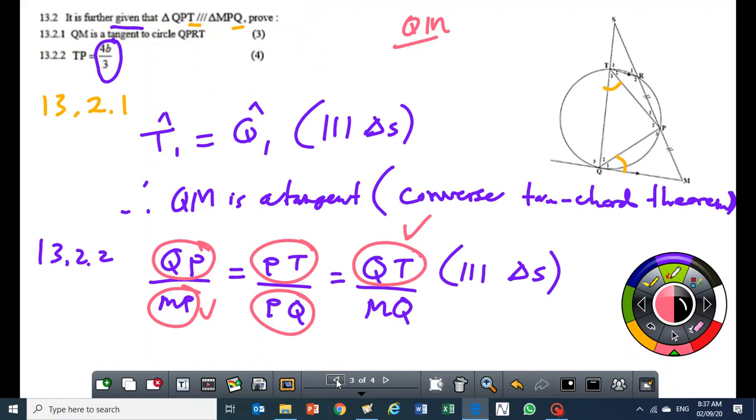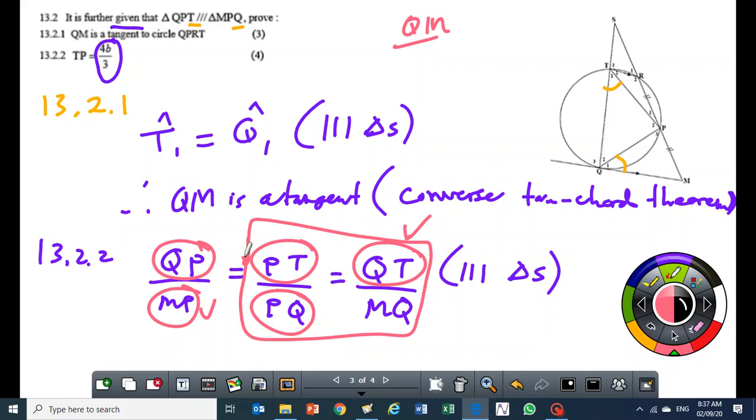I know this QT, I can put it. This MQ, I can substitute with something else. The PQ, I can write it as well. So I can swap these two. Do you see that? So I'm going to use these two ratios to get my value for what? For PT.